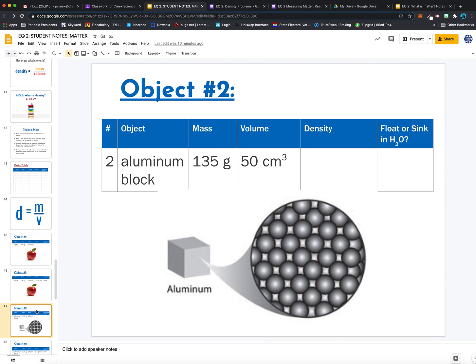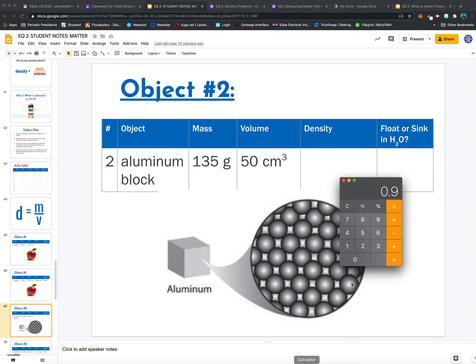Okay, you're back. You figured out the density, or you just waited for me to pause there and come back after 5 seconds. So let's take a look at what you got. We clear out our calculator and go 135, because remember, density equals mass divided by volume.